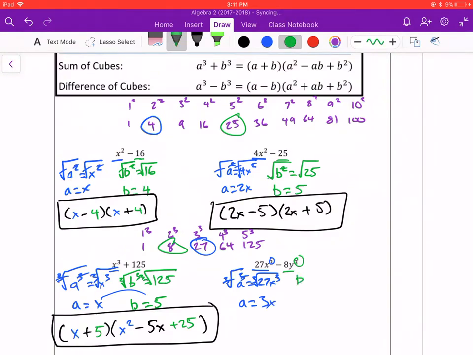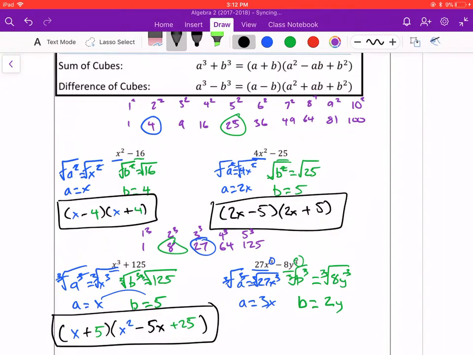B, same thing. B cubed is 8y cubed, but if I cube root each, I get b equals the cube root of 8, which is 2, and y. So it'll be 2y. Plug it into your equation.